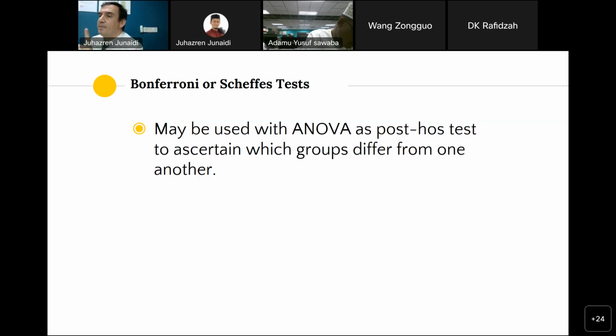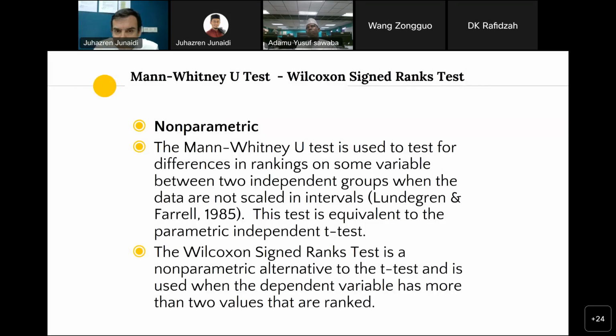If you have four groups, the ANOVA test will say at least one of them is different. It can be that two or three of them are different from each other. You have to use this Bonferroni or Scheffé's test as a post-test to find out which ones are different from each other. It's called a post hoc test.